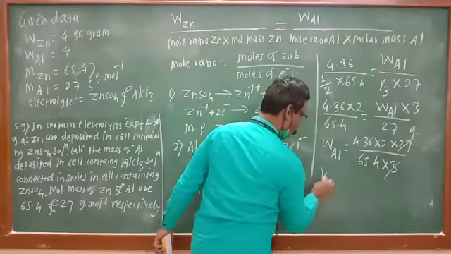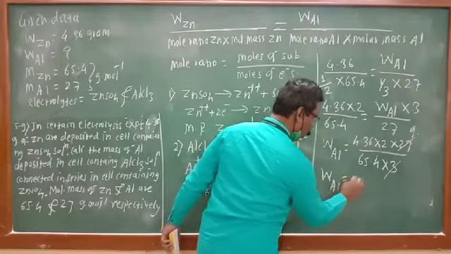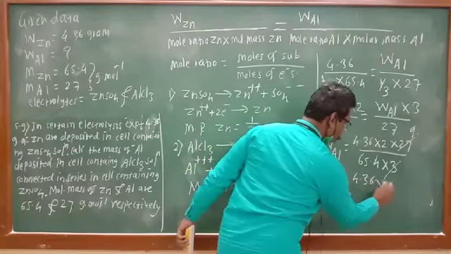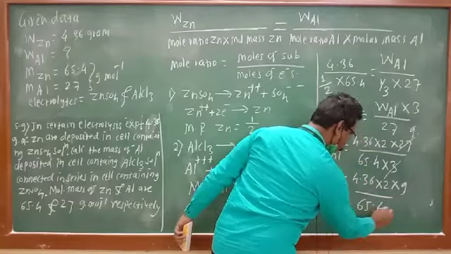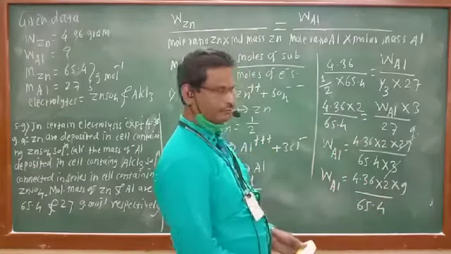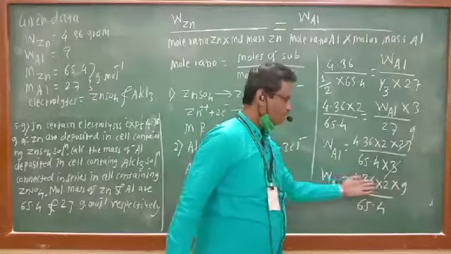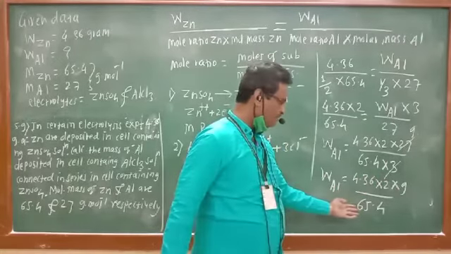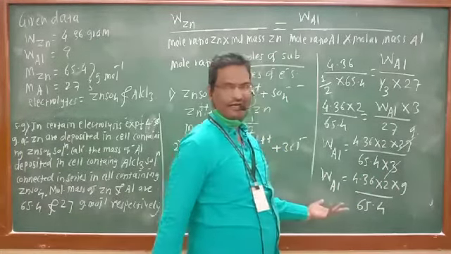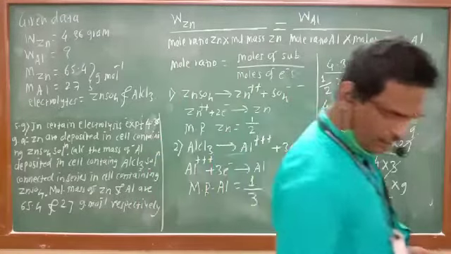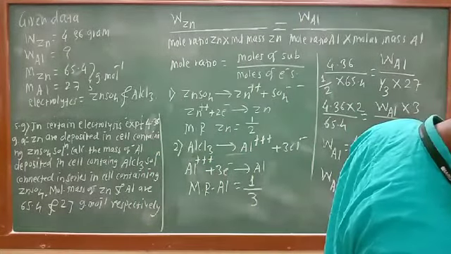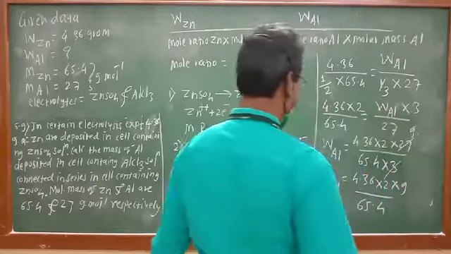So weight of aluminium will be equal to 4.36 into 2 into 9 divided by 65.4. Now take the log, do summation, minus log of this term, and finally antilog. That is the answer, and that answer must come to 1.2 gram.